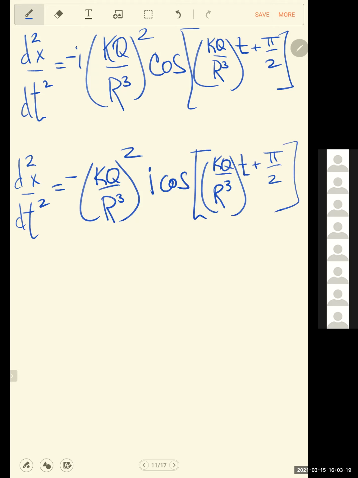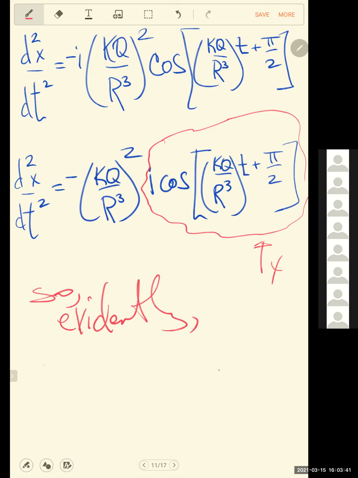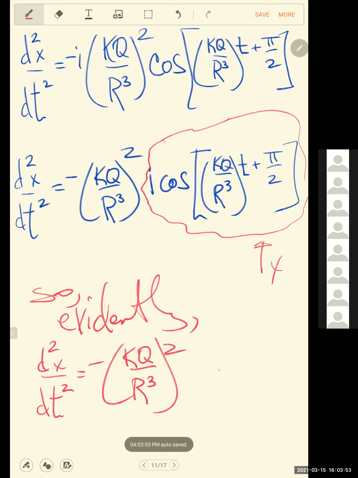I made that little rearrangement just so that I could make myself aware of the fact that this whole thing with the I in it is called X, right? So we have this.